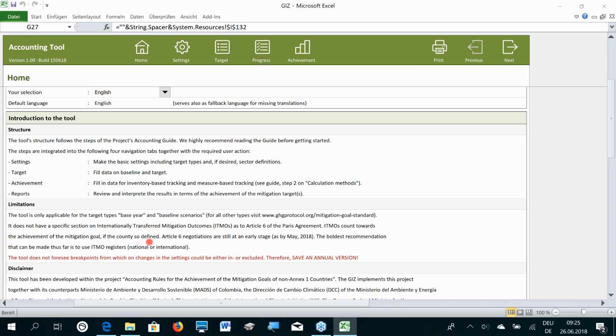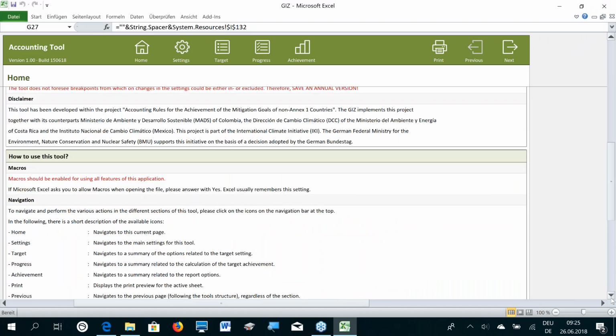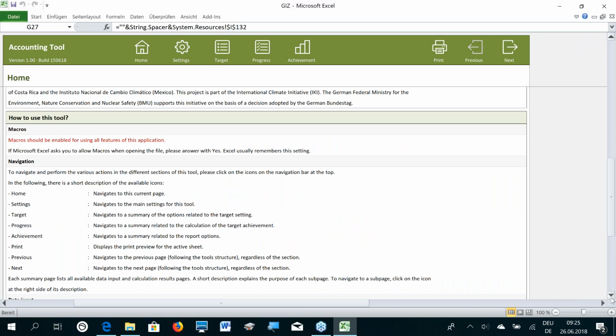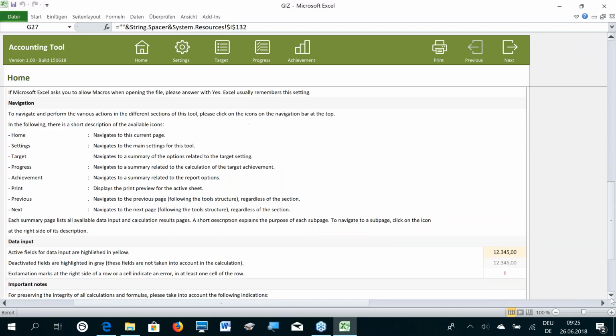Yeah. And this is already the description which you can see on this intro tab, followed by some general explanations on how to navigate within the tool, that there are certain cells that cannot be edited, others that can be edited.